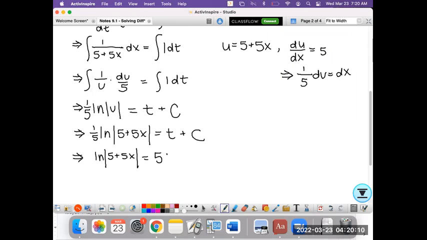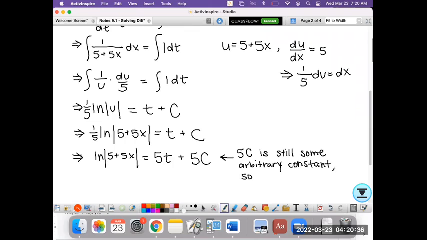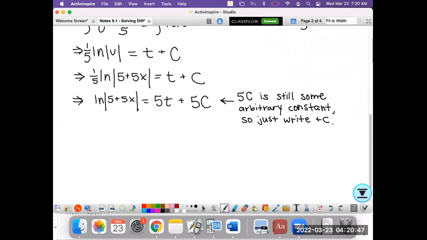We get 5t, and then I will write plus 5c for now, but write yourself a note that 5c is still some arbitrary constant. So just write it as c. So I'll take care of that in the next line.